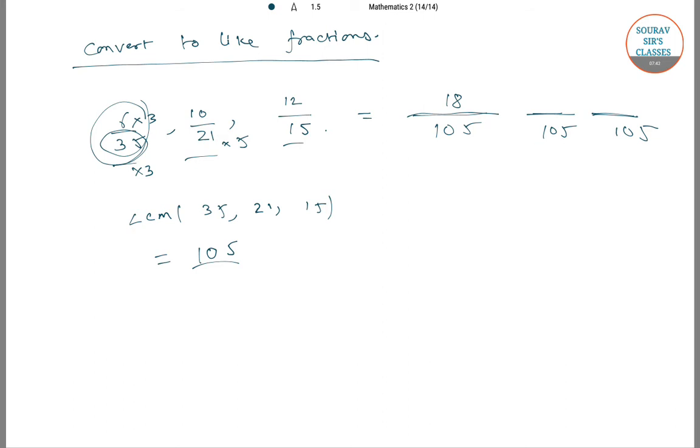So we are multiplying our numerator with 5 and thereby getting 50. And the third one is 15 into 7 is equal to 105. So 12 into 7, which is equal to 84. So these fractions are converted into like fractions as 18 by 105, 50 by 105 and 84 by 105.